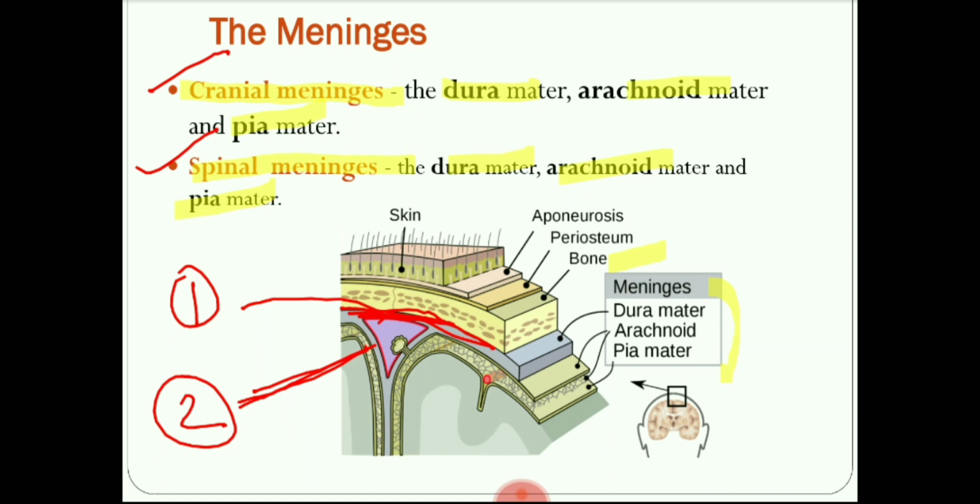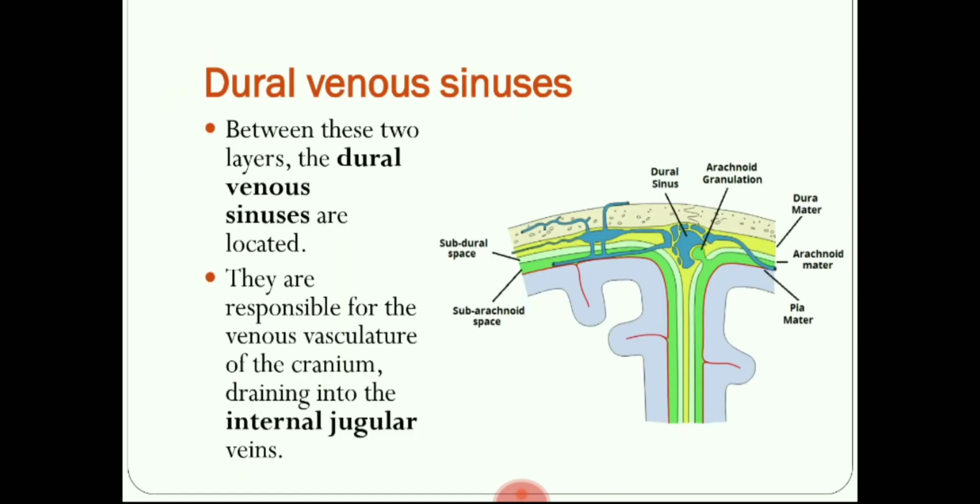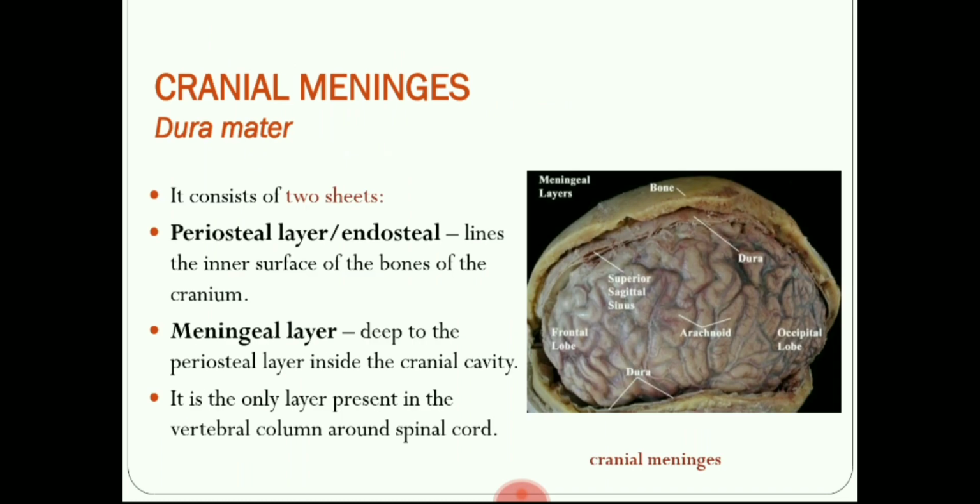The meningeal layer is closely attached to the arachnoid mater, while the endosteal layer is adherent to the cranial bones. Usually these two layers are not separated. They are closely adherent to each other, but in some places, like here, they are separated.